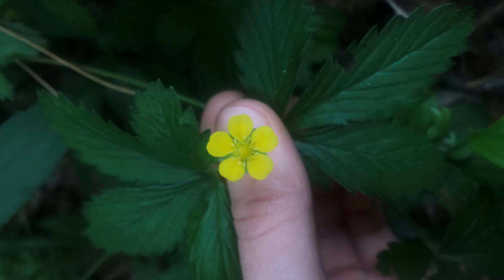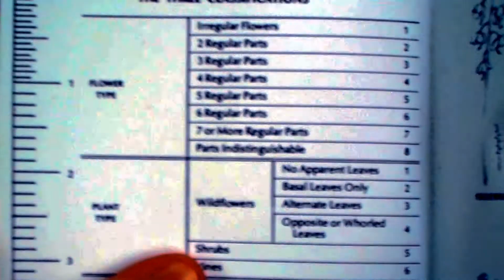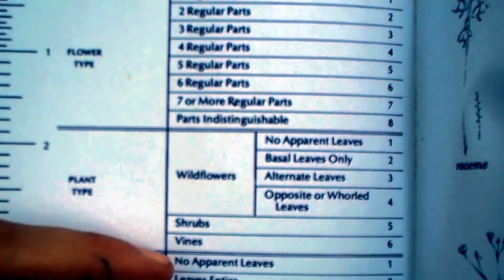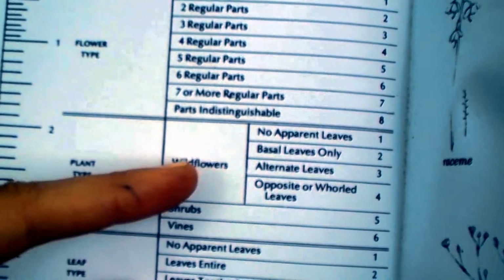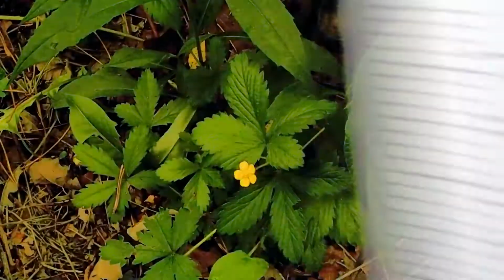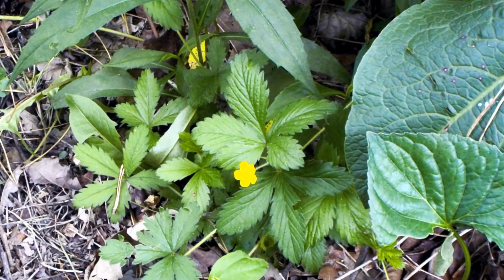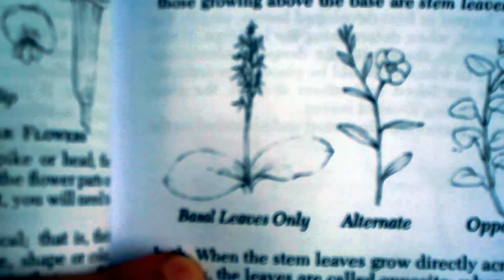Alright, so the second question in your Newcomb's guide is going to be plant type. So the plant is either a wildflower, a shrub, or a vine. Our plant here is a wildflower. And for the wildflowers, you need to determine what type of leaves it has. So no leaves would be just the flower not having any leaves. Basal leaves only means that the leaves come off from the base of the plant, like in this image right here.